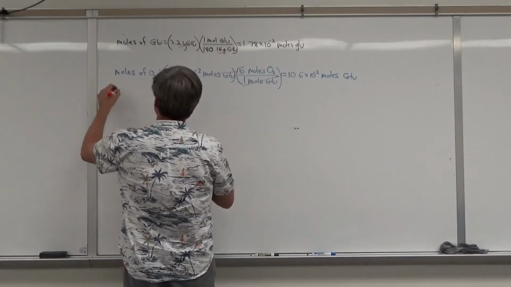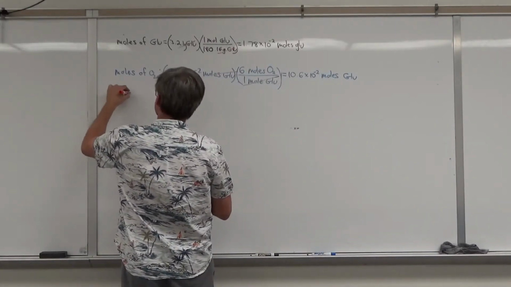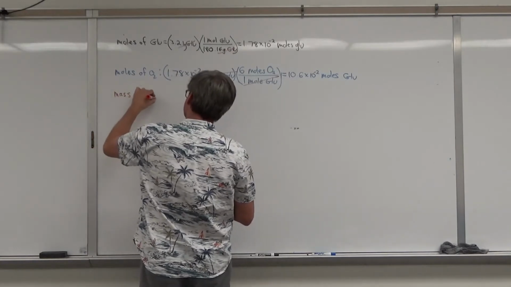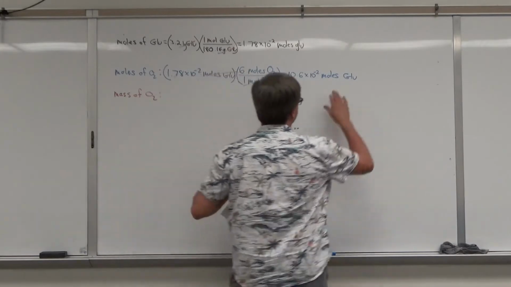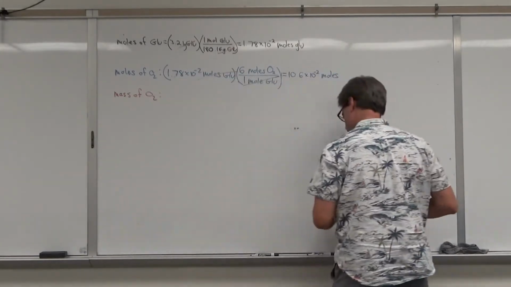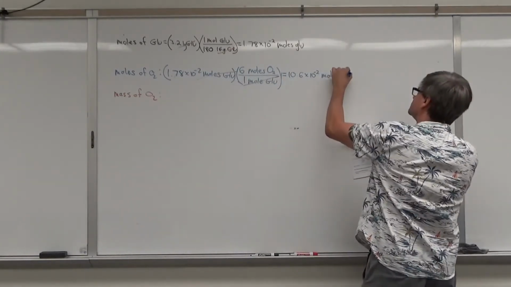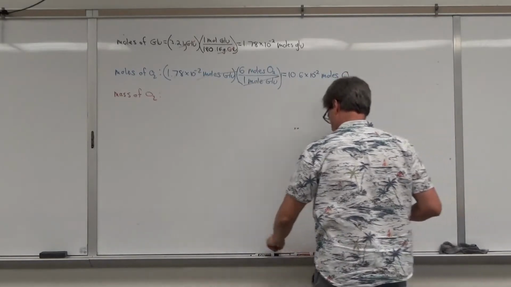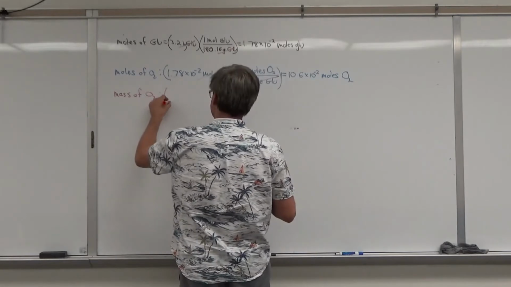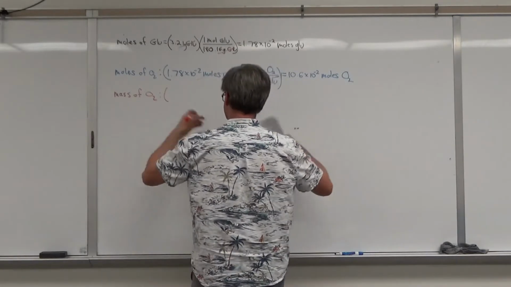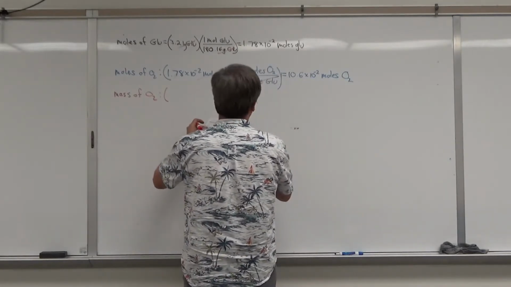And then to get our mass of oxygen, simply take the moles. Darn it! Sorry. Moles of oxygen. So to get our mass of oxygen, simply take our moles of oxygen, use the molar mass of oxygen to get the mass.